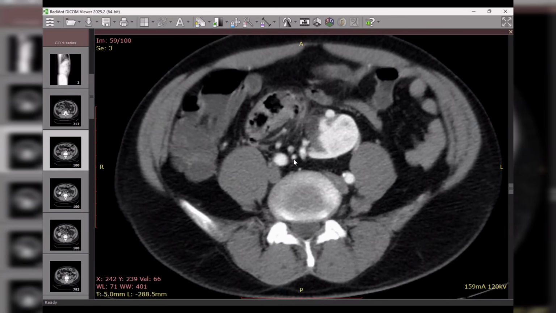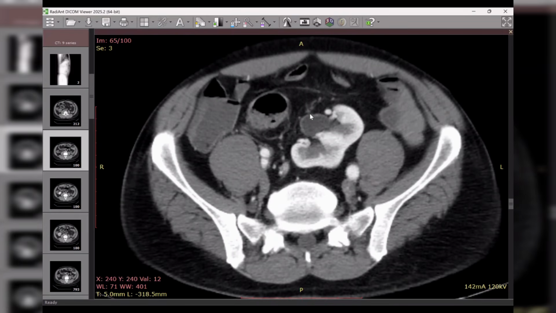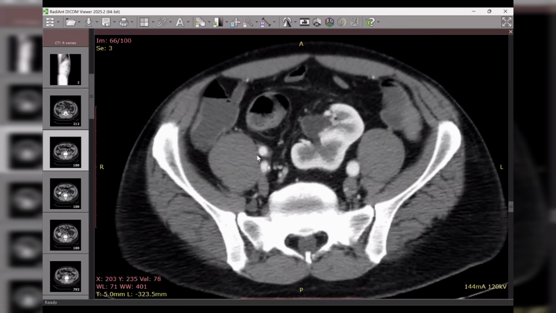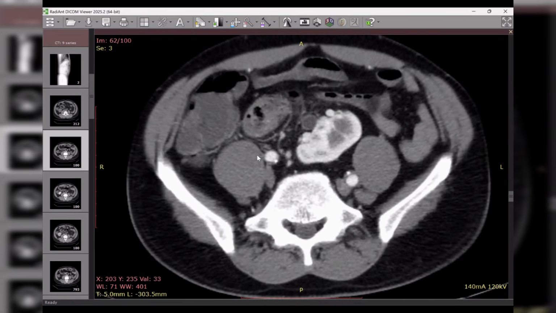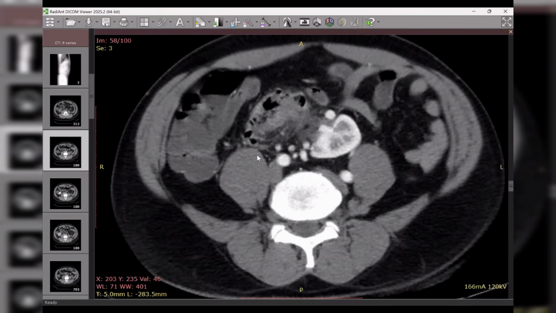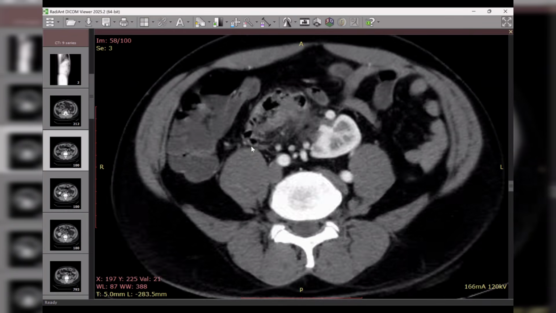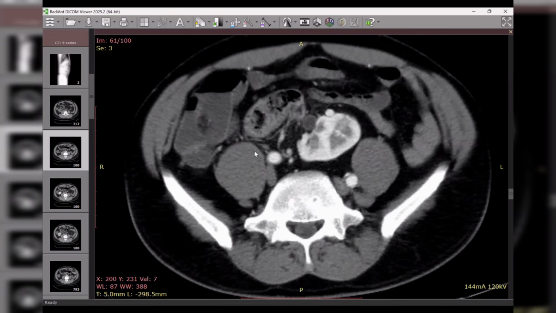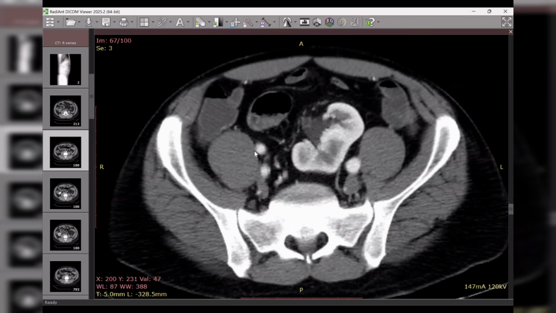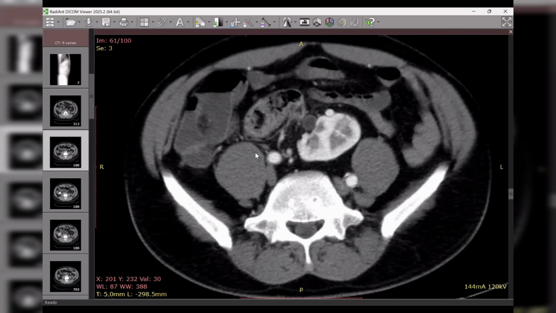And then coming down, yes, I suspect that there could be maybe a fistulous communication between the... or at least there's very significant inflammatory thickening of the left pelvic calyceal system.